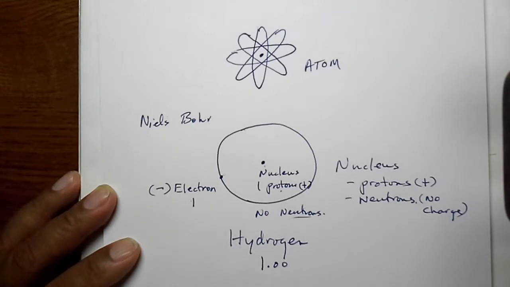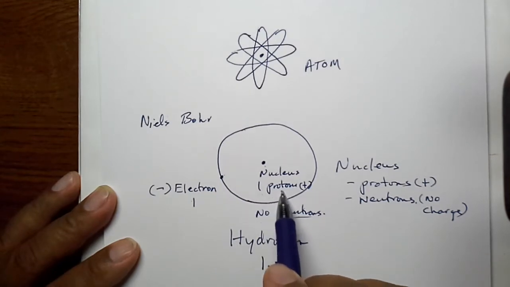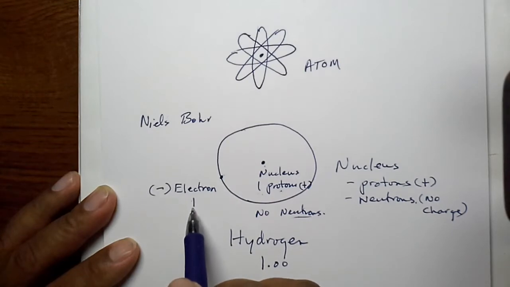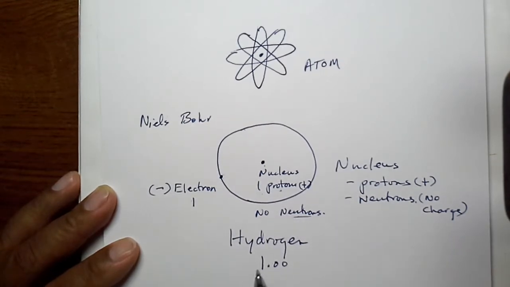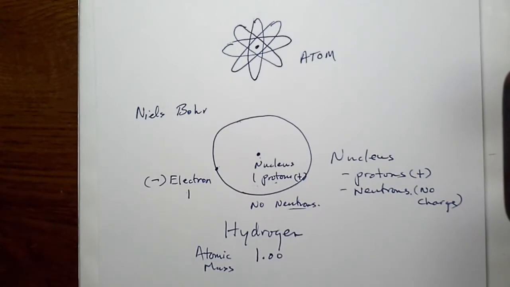It's a little larger than 1, but all of the mass is considered to come from the proton, because the mass of the electrons is so small relative to the proton that it is not even considered. So this is the atomic mass of hydrogen.